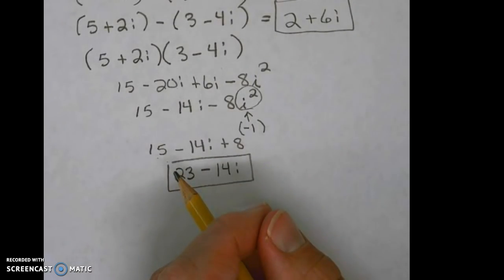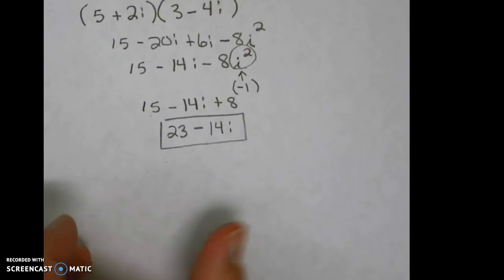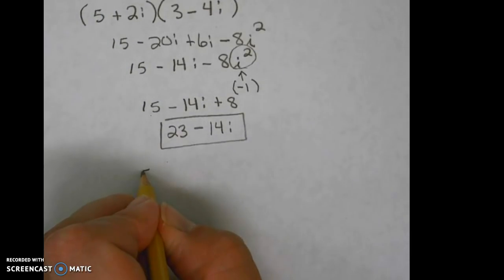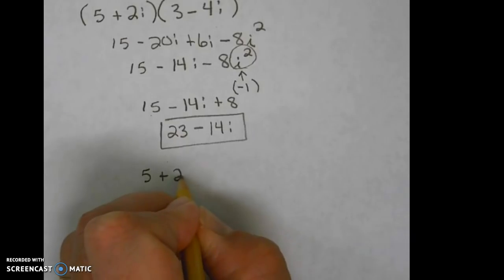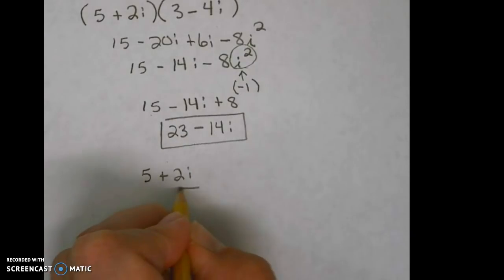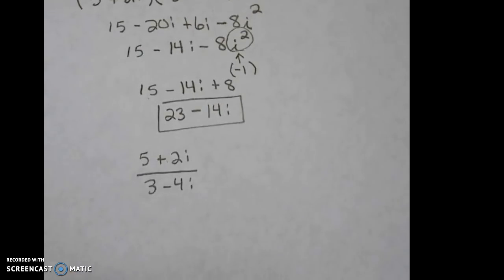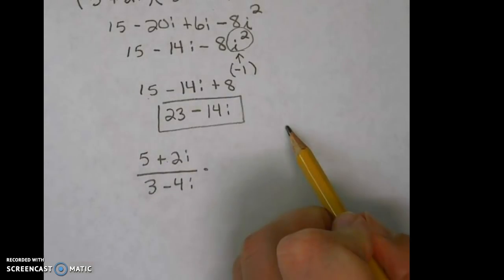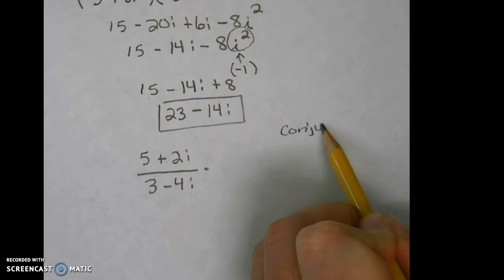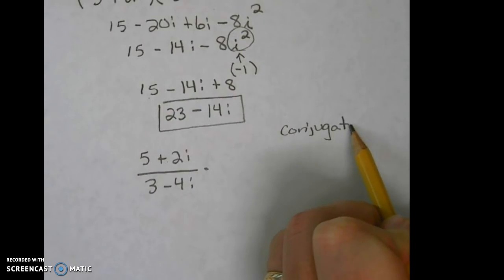Next thing we're going to do is some division. So let's divide our two complex numbers. So 5 plus 2i divided by 3 minus 4i. Now, in order to handle this, what we need to do is multiply by what's known as the conjugate. Important word you need to know.